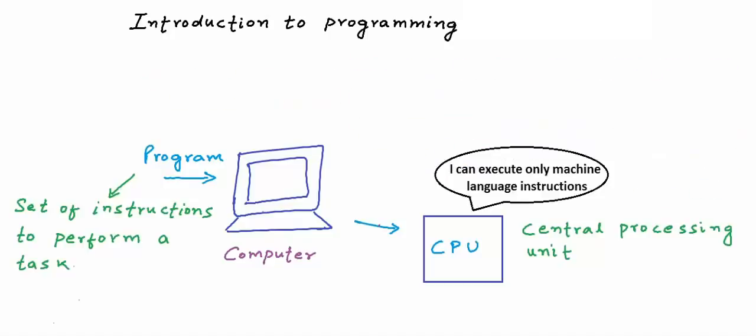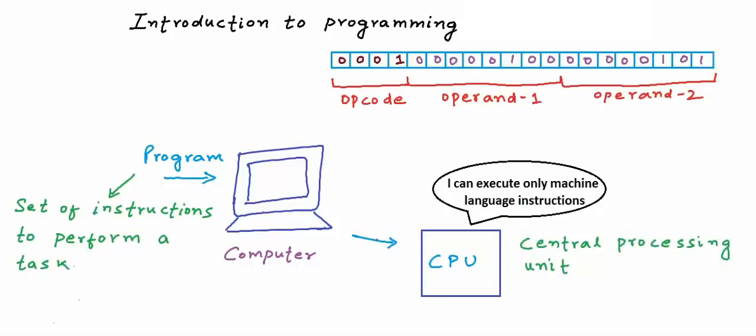Some improvement came with development of assembly language. In assembly language, we can have a more human readable representation of a machine language instruction. For example, if this is the machine language instruction with one opcode and 2 operands, then in assembly language the same instruction can be written in a more readable form.